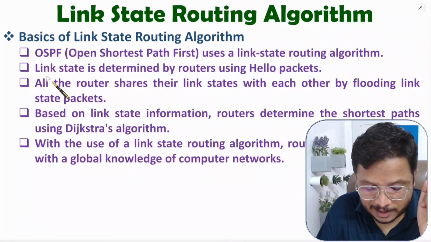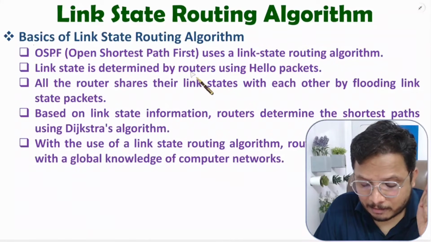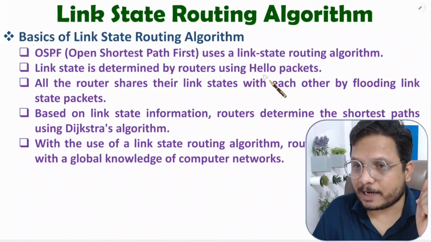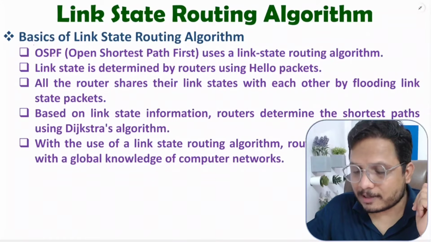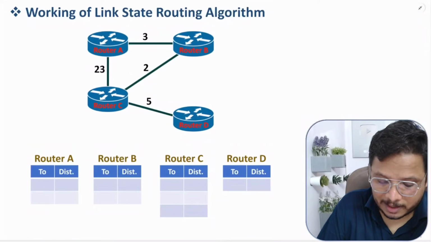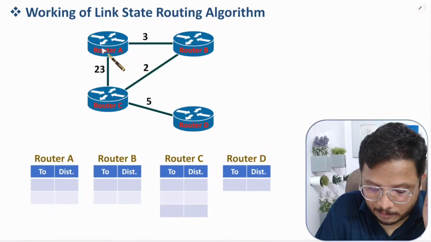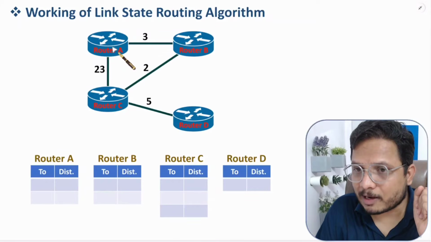How does that link state determination happen? It is done by routers using hello packets. A router sends hello packets to its neighbors. Here we have routers A, B, C, D, and each router forwards hello packets to its neighbor routers.